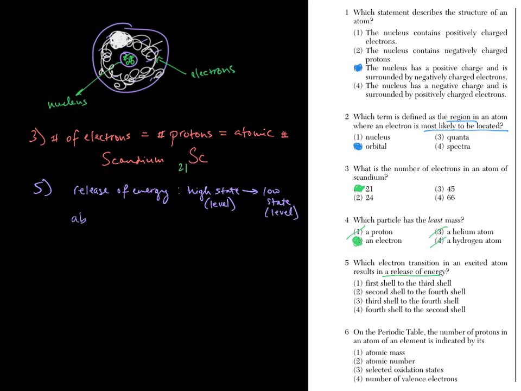Whereas absorption means you're going from low to high. So since we're looking for a release of energy, we need to go from a high to a low, and the only one that fits that is choice 4. Okay, number 6. The number of protons is indicated by its atomic number. So a lot of these questions you just need to know by definition, and they're actually pretty straightforward like that.